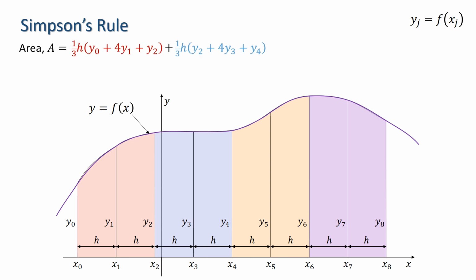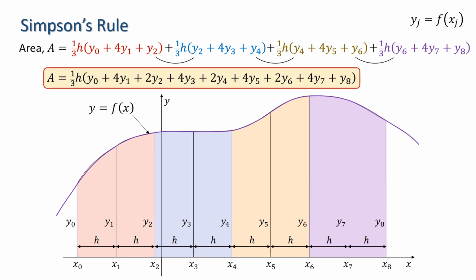As we add more intervals and areas, a repeating pattern emerges. For example, here we have 9 points and 4 areas. We can see that the common endpoints of each area appear twice, i.e. the internal even-numbered points y2, y4 and y6, and thus we have this formula for the area.